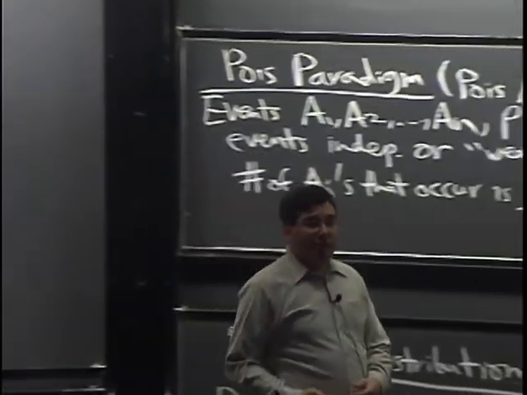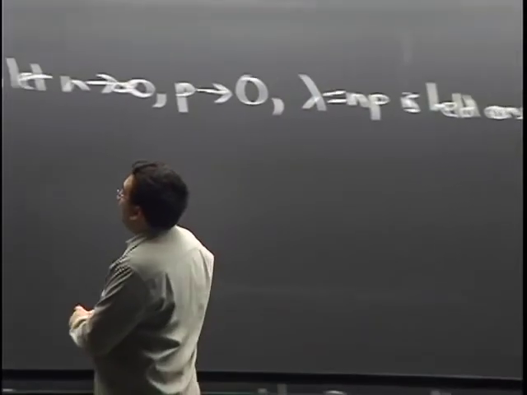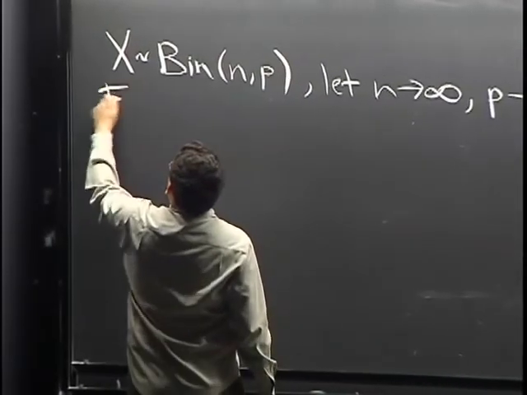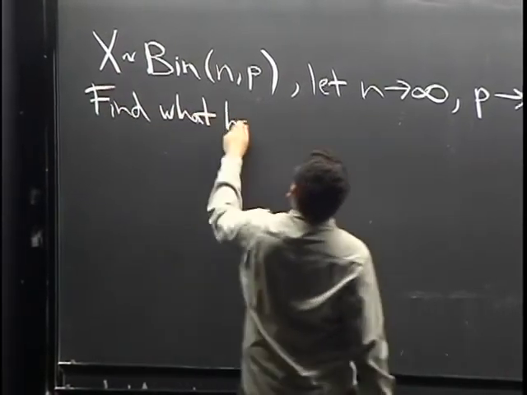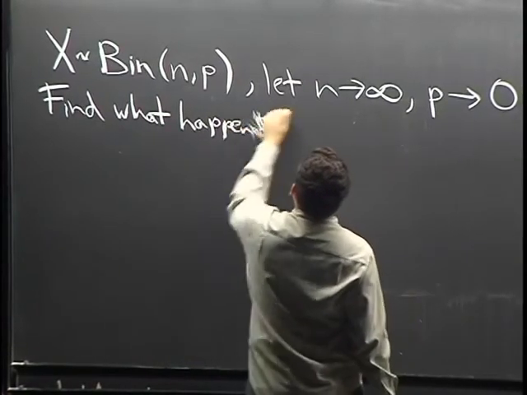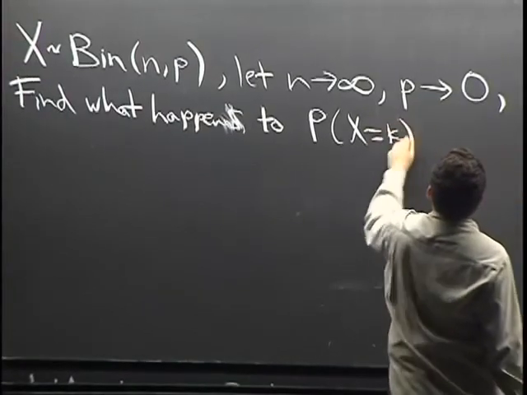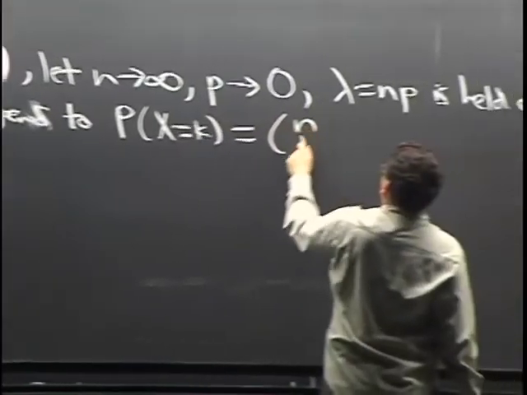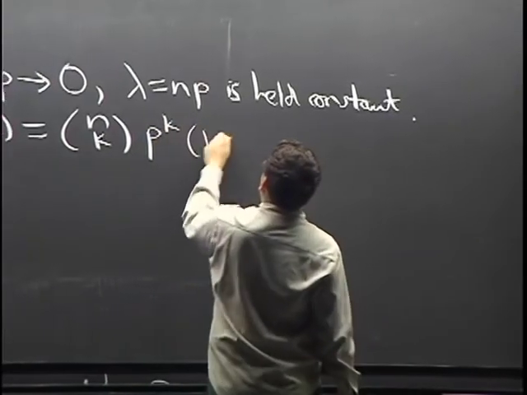All right, so now we want to show that the PMF converges. So find what happens to the PMF. What happens to the probability that X equals k, which we keep seeing is n choose k, p to the k, (1 minus p) to the n minus k?